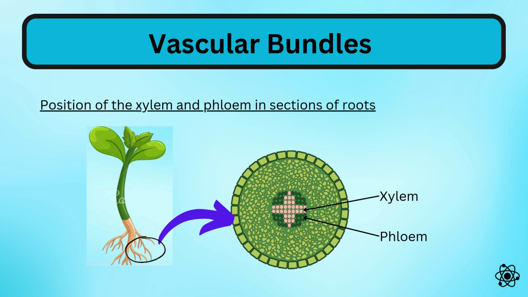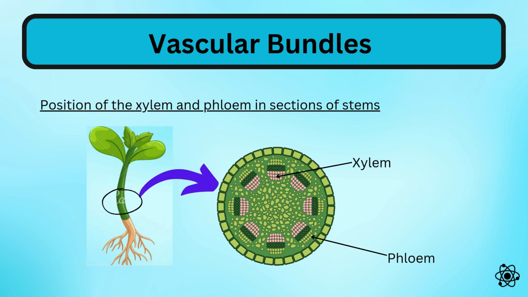So, if you are asked to identify the xylem or phloem in a diagram showing a cross section of a root, stem, or leaf, just remember that the xylem is always on the inside and the phloem is always on the outside. Next, let's learn the position of xylem and phloem in sections of stems.